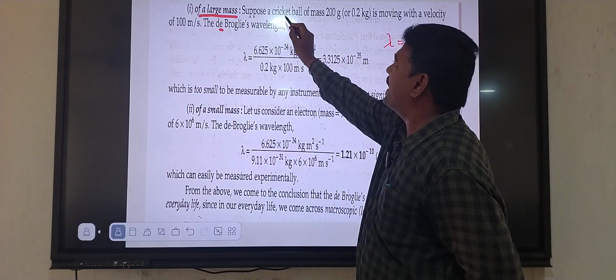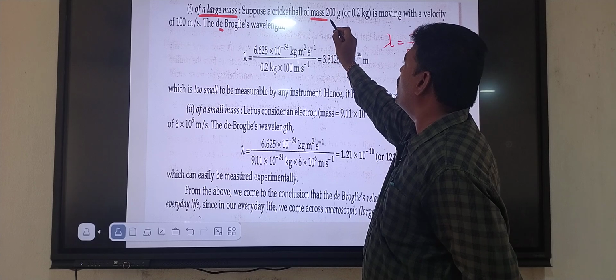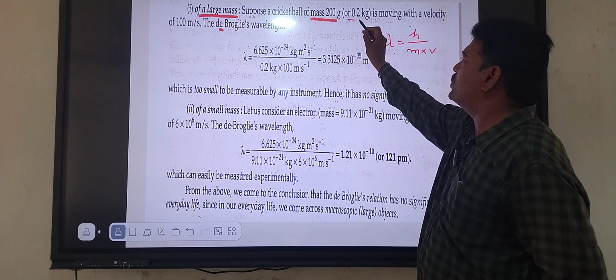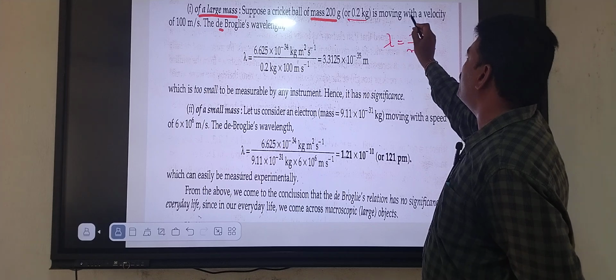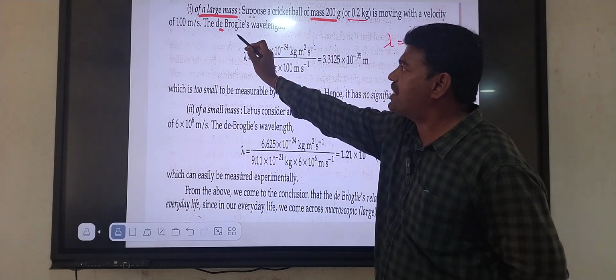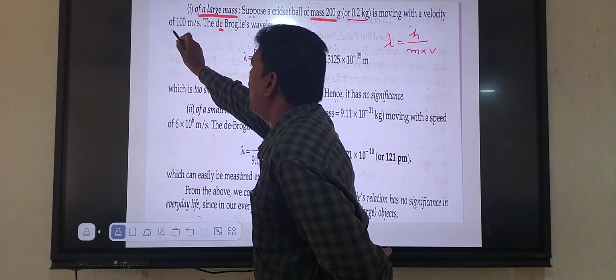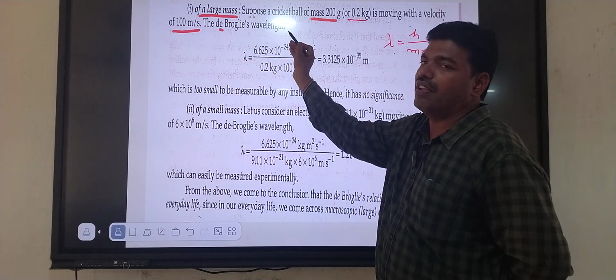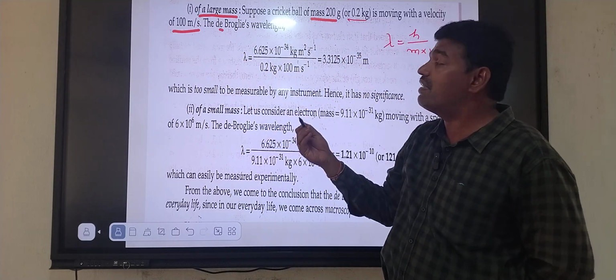Example, suppose a cricket ball of mass 200 grams, which you convert into kgs, becomes 0.2 kg, is moving with a velocity of 100 meters per second. Then how can we calculate the de Broglie wavelength?